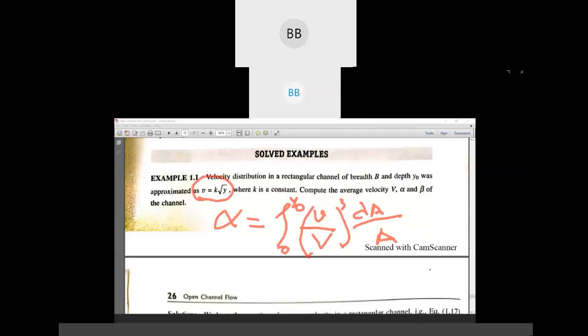It's given that small v is equal to k multiplied by root over y, where k is a constant and y is nothing but your depth of flow.